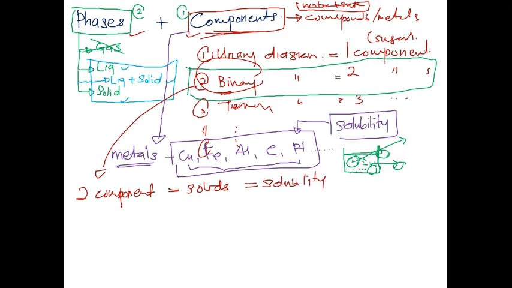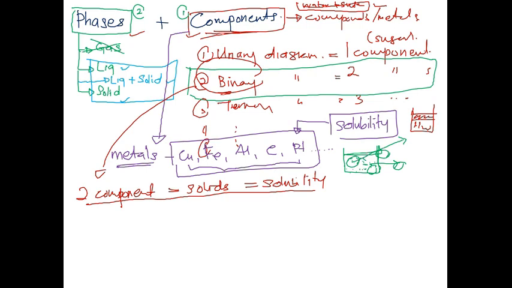Remember, this is solid solubility, not solid and liquid like sugar water, which is easy. Liquid and liquid is also easy to dissolve, but some liquids cannot be soluble in each other, like water and oil. So you need some criteria to have solid solubility for two components. What are the criteria?